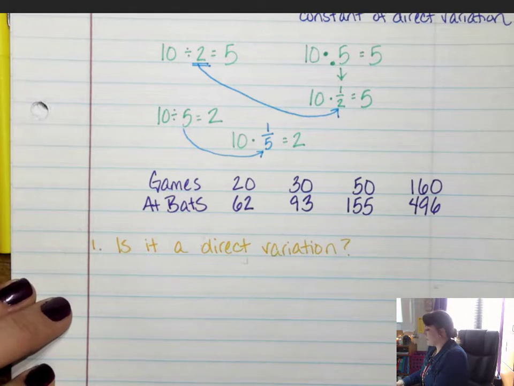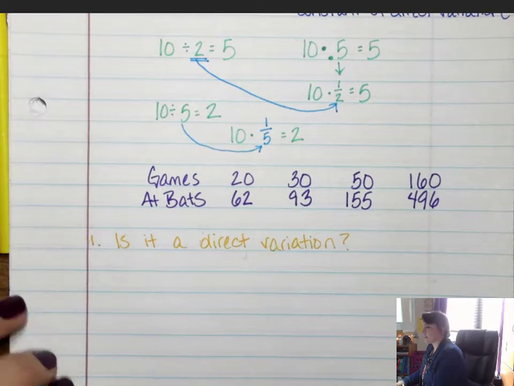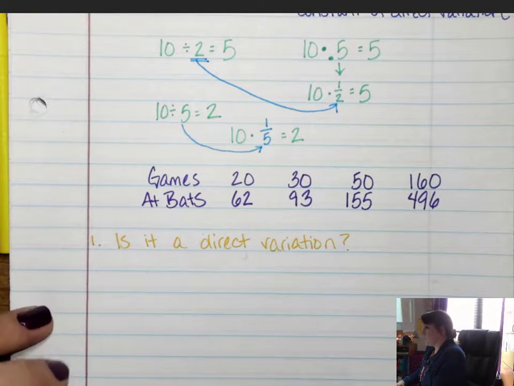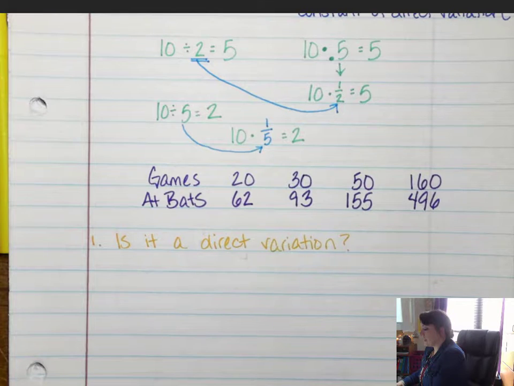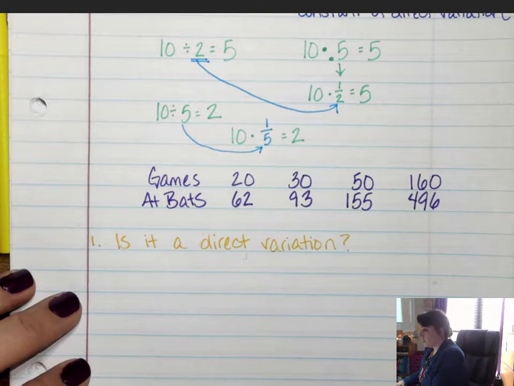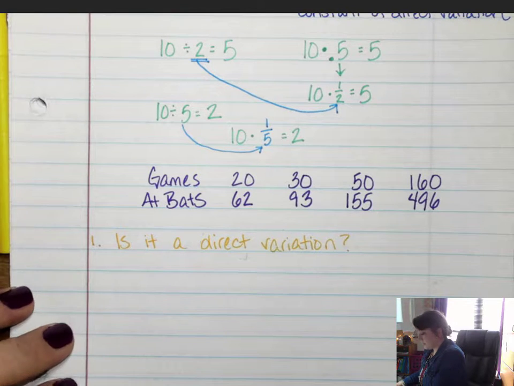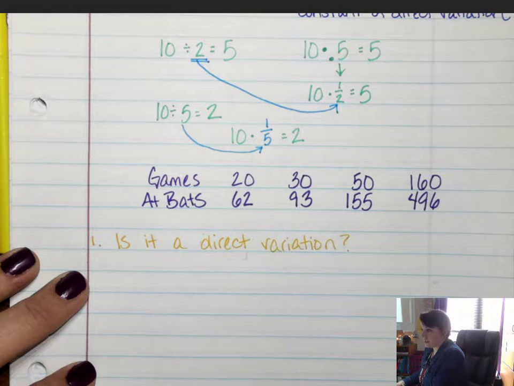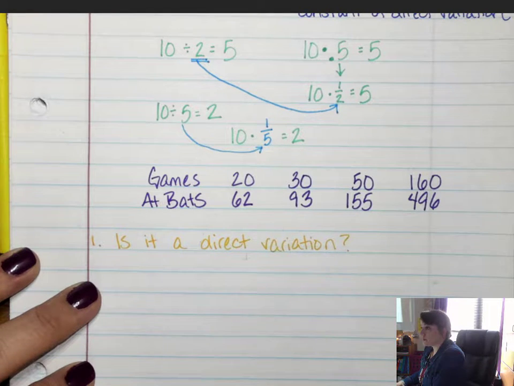Is it a direct variation? How would we test that theory? What would we have to do to figure that out? What does it mean if it is a direct variation? Then it would be constant. What are we doing to x to get y? Multiplying.